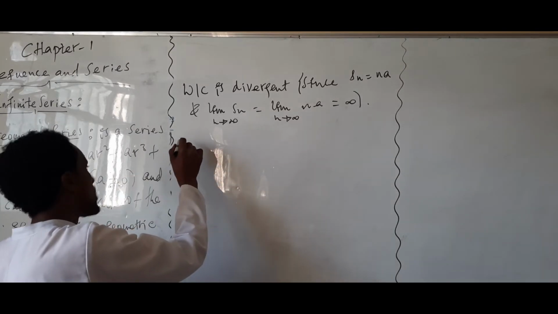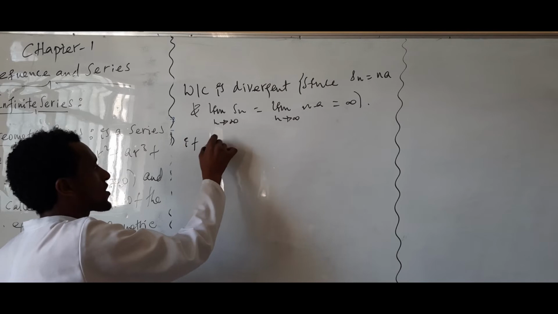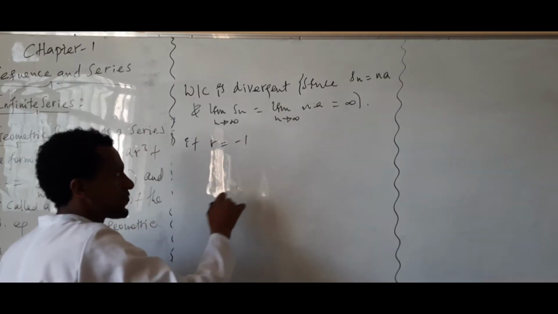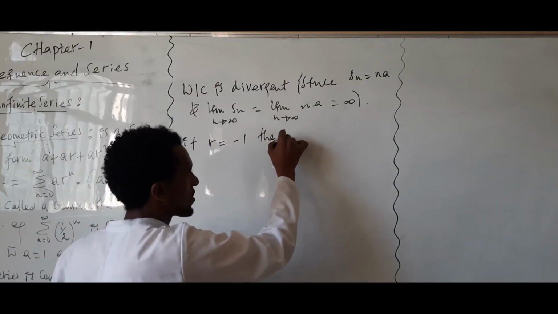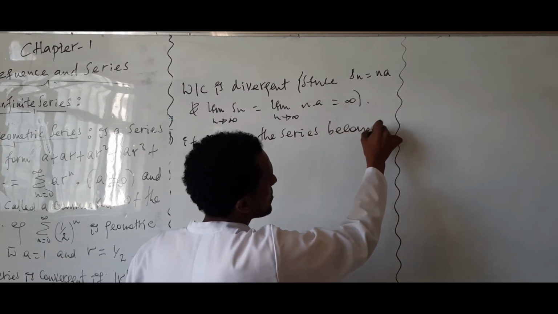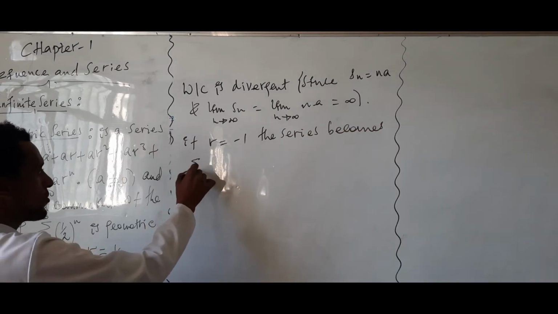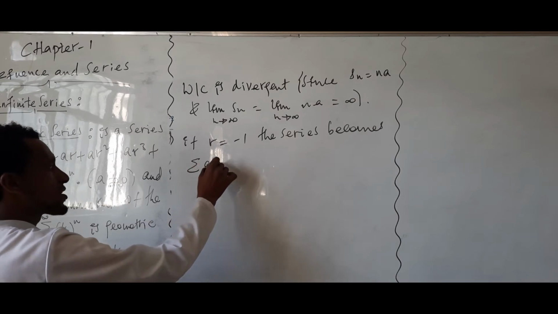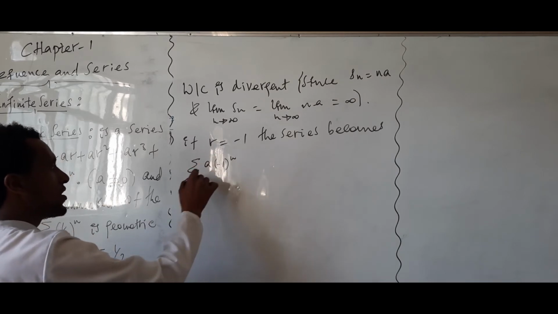And if r is equal to minus 1, what does the series become? The series becomes the sum of a times minus 1 to the power of n.